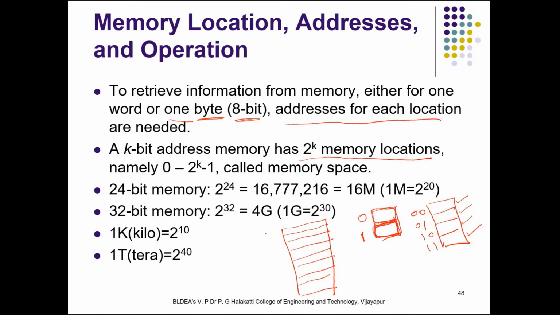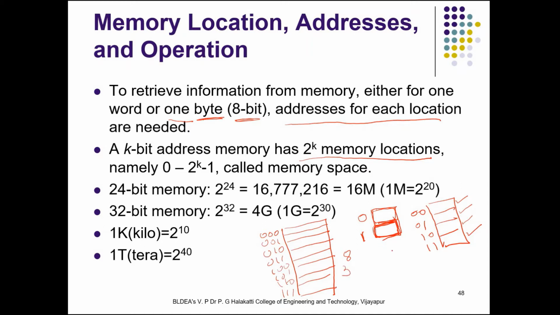Yes, 2 bits are definitely not enough. Now I will say it is 000, 001, 010, 011, 100, 101, 110, 111. So if I have to represent 8 different locations, I need 3 bits.